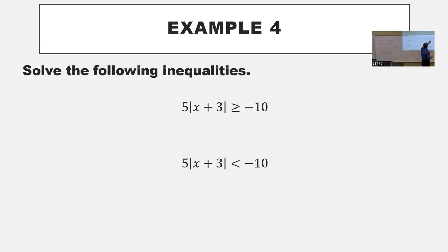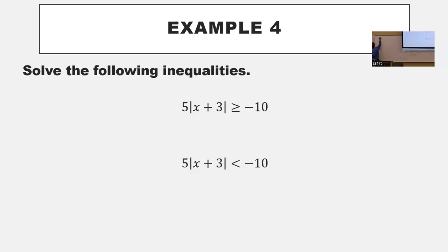All right, let's take a look at these two. Now, these two are almost identical except for the signs that we use. We have 5 times the absolute value of x plus 3 greater than or equal to -10, and then we just change the sign to less than -10 in the second option.